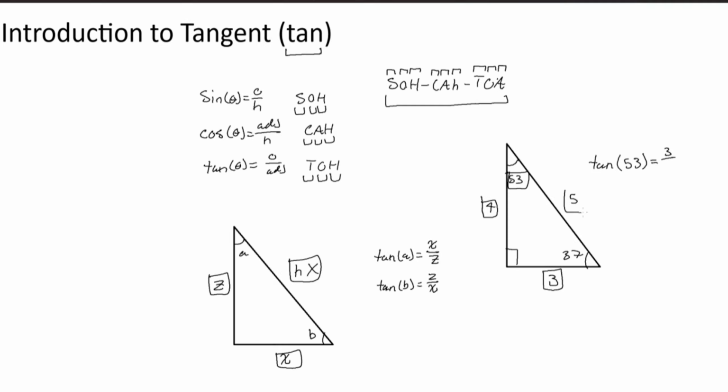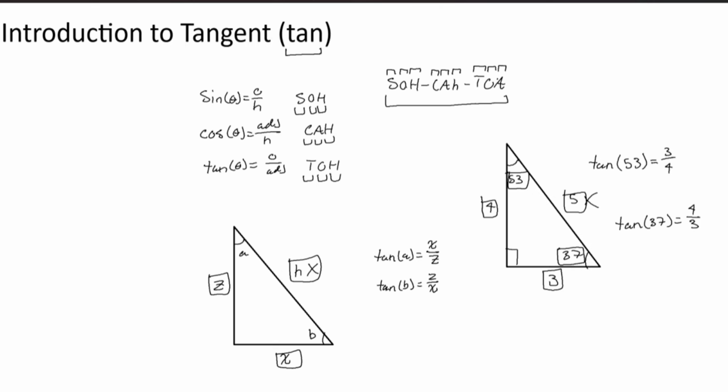This is the hypotenuse, so it can't be that, it must be 4. So the tangent of 53 is equal to 3 over 4. Now if we were to get the tangent of 37, that's just going to be a bit different. That would be the opposite, which is 4, and the adjacent, which is 3. So 4 over 3. So those are the tangents, and I hope that helps you understand the tangent function.